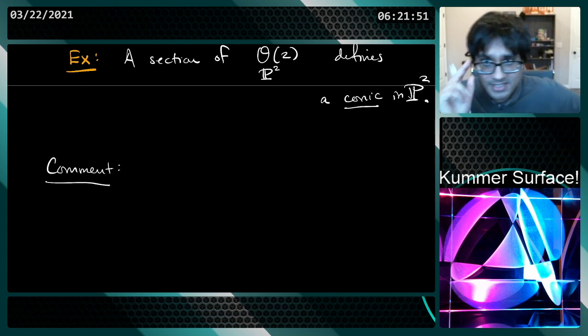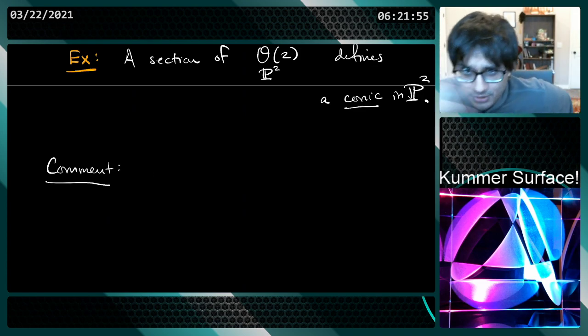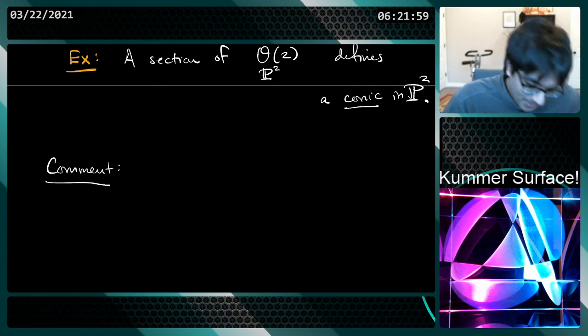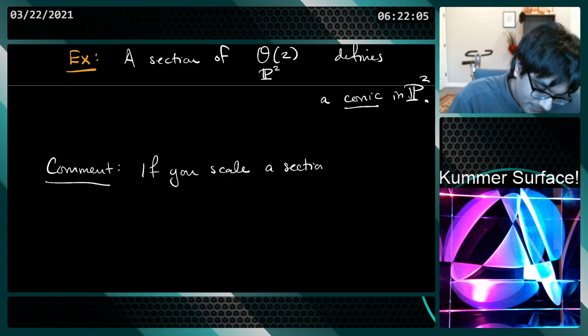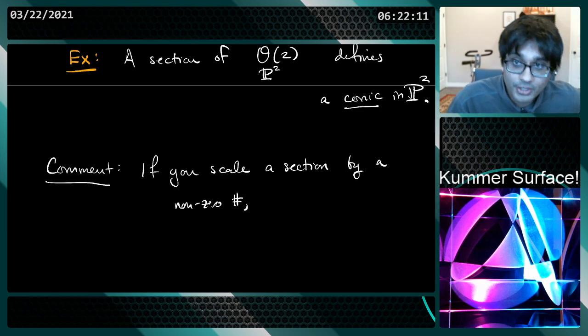If you scale a section by a non-zero number, whatever field you're over, complex number, you get the same vanishing scheme.